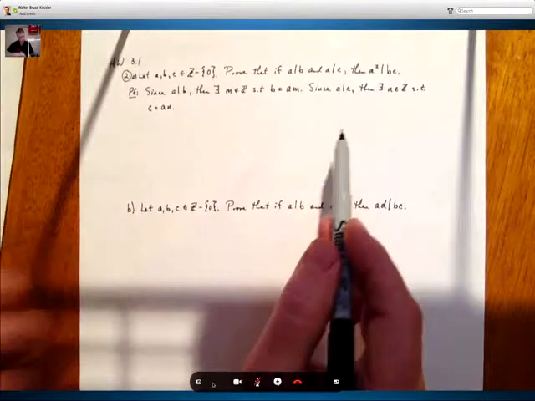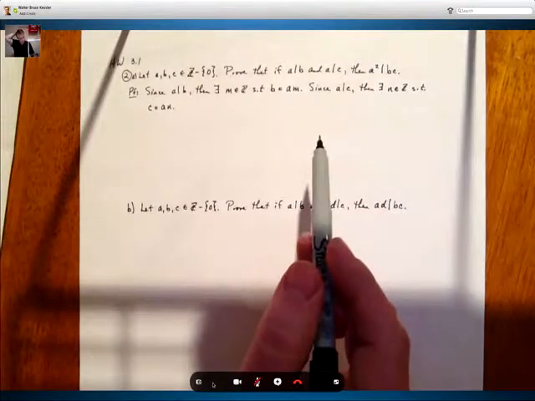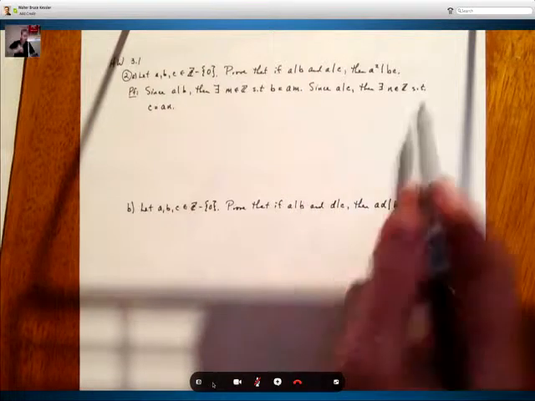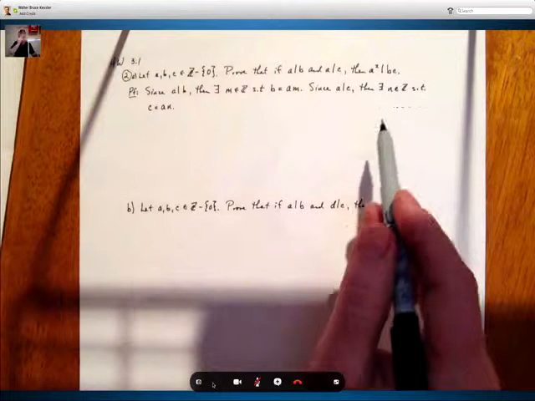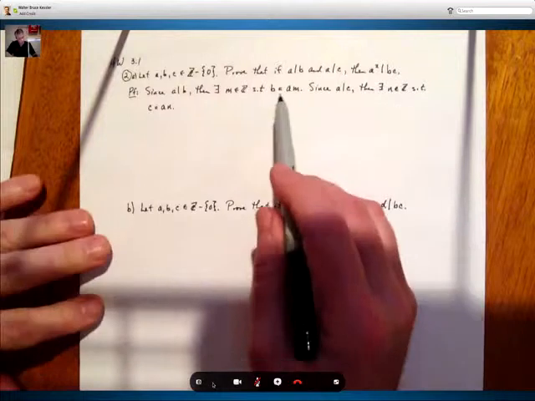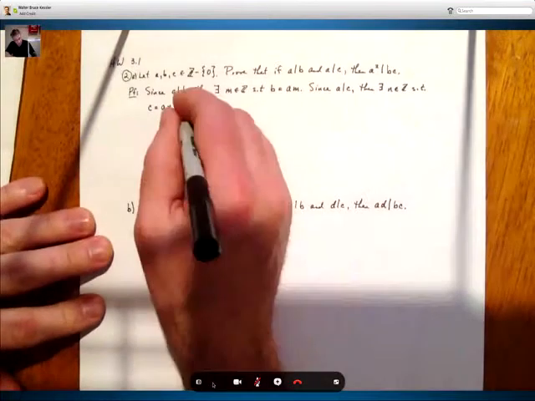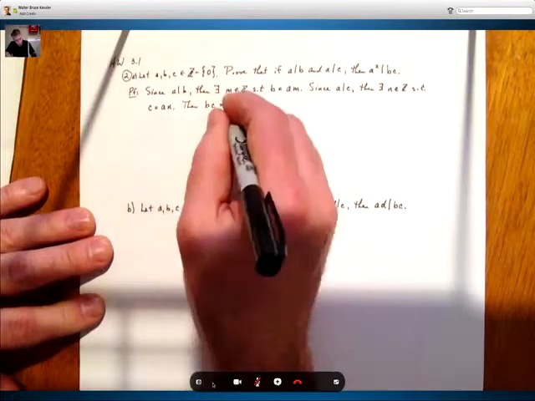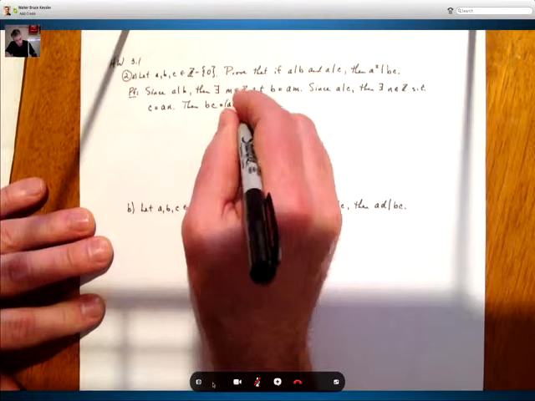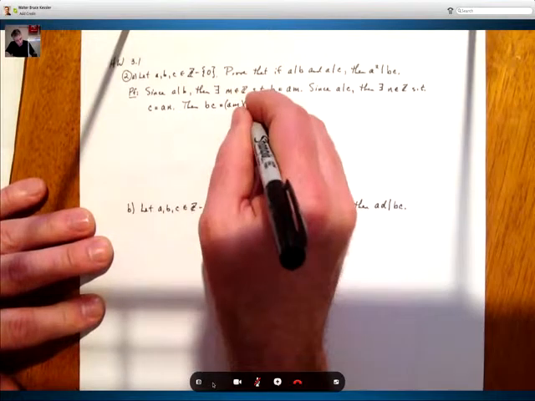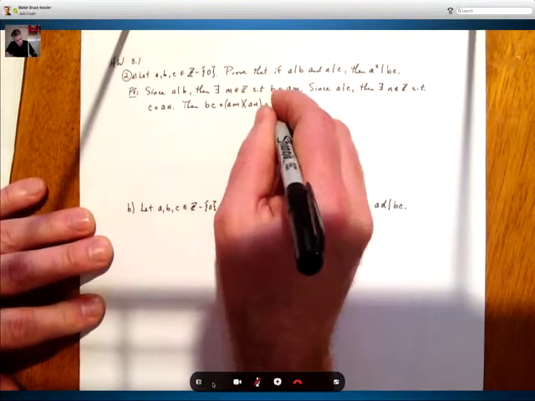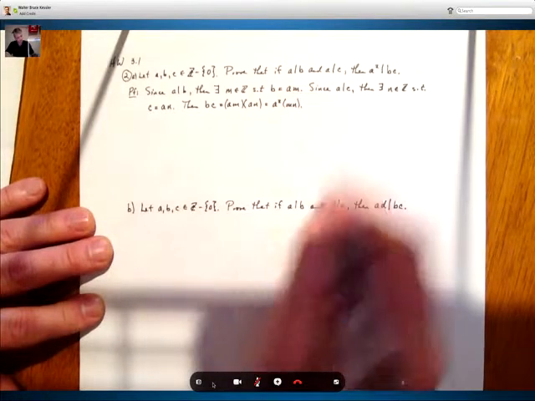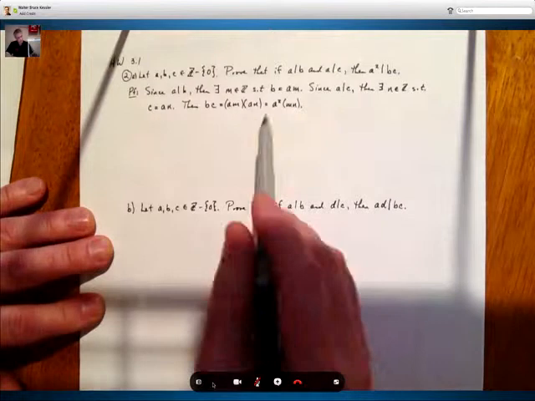Alright, so we want to look at a squared. Well, I'm sorry, we want to look at b times c, excuse me. So this is b, this is c, then bc is am times an, which is a squared mn.